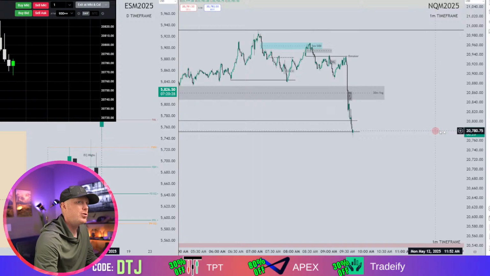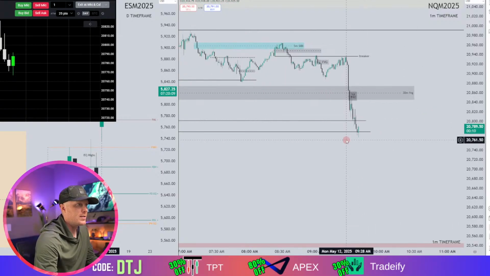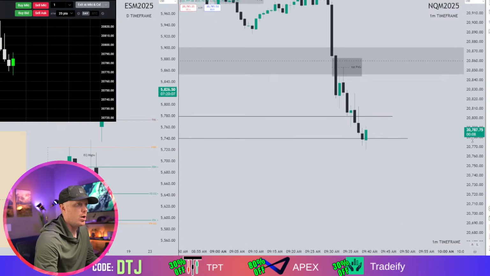I do my executions on there. I like this little feature, the ATM feature, where I can set bracket orders based on what I want my stop loss size to be. I can just quickly select that based on the risk that I'm seeing or how much risk I want to take, and then I can put my entry in there. So I do that on TradingView.